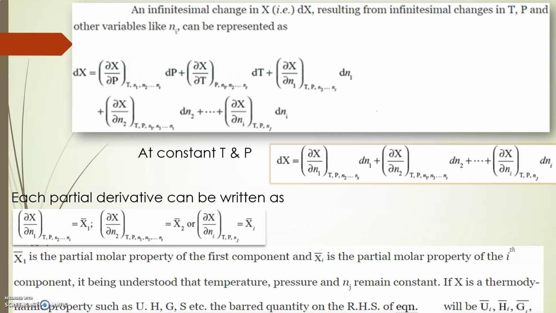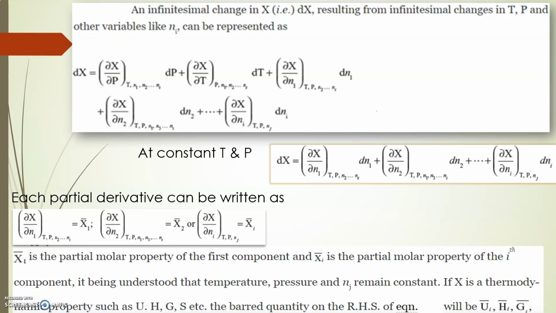Suppose an infinitesimal change in X is observed, and it will be due to the infinitesimal changes in temperature, pressure, and other variables like the number of moles Ni. This is represented as can be seen here: dX is equal to del X by del P at constant temperature, N1, N2 up till Ni, into dP.